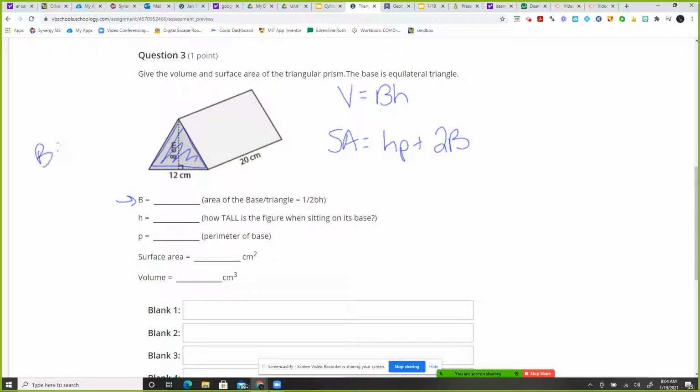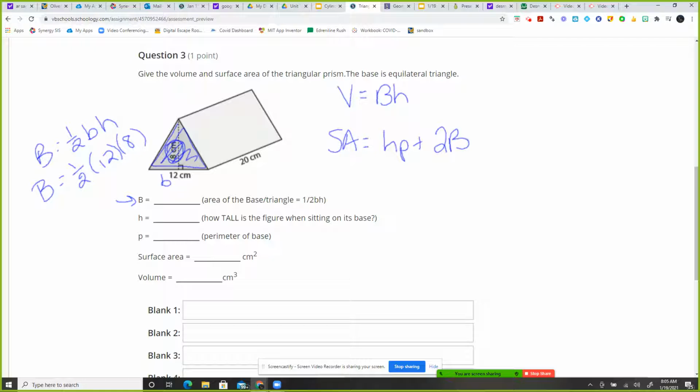So the base equals 1/2 the small b. So the 12 is the small b. And the height here is the 8. So the area of that triangle at the base is 1/2 times 12 times 8.